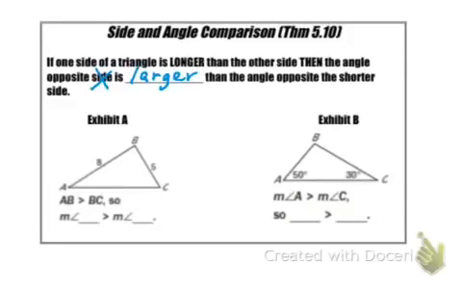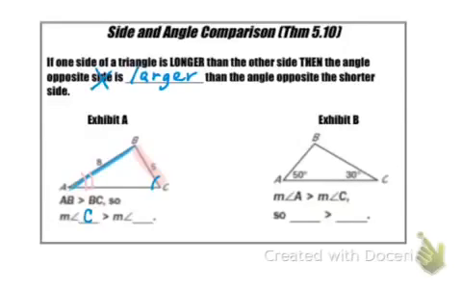If you look at it, the longer side in Exhibit A is AB. Comparing AB and BC, where 5 is the shorter side compared to 8, it's saying that the angle opposite of AB will be larger than the angle opposite of BC, just based on the side lengths comparison.